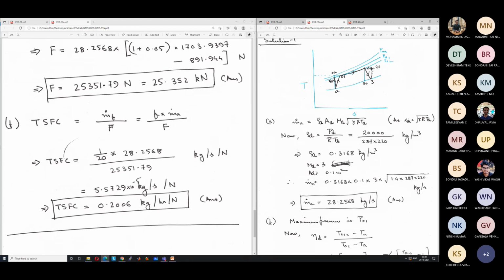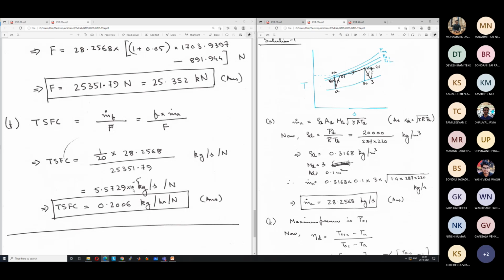All the parameters are known. f is 0.05, mass flow rate of air is 28.2568 kg per second, and thrust is 25,351.79 Newton.